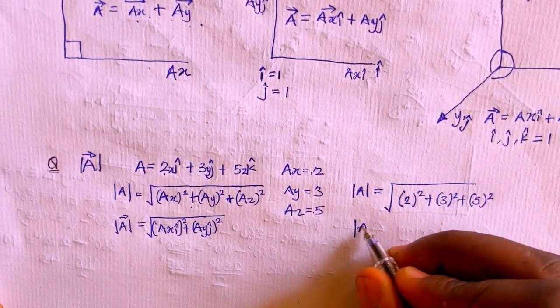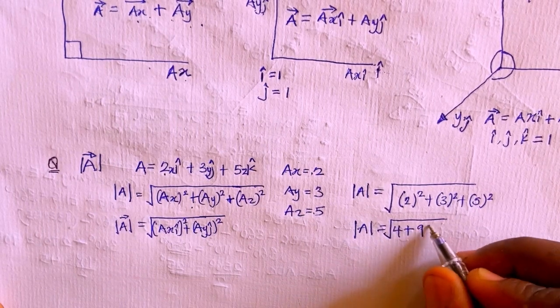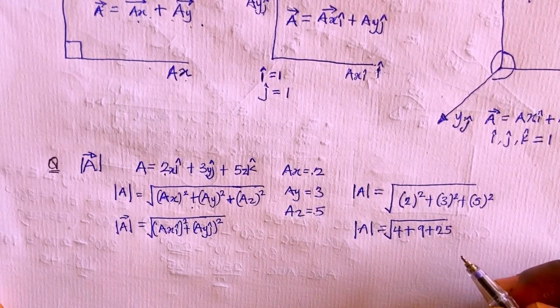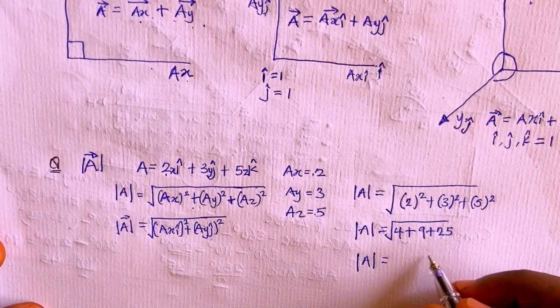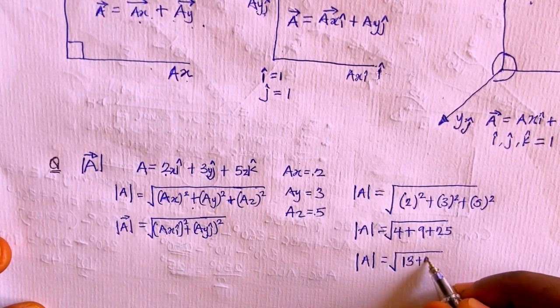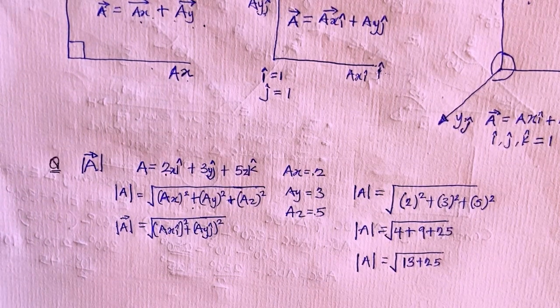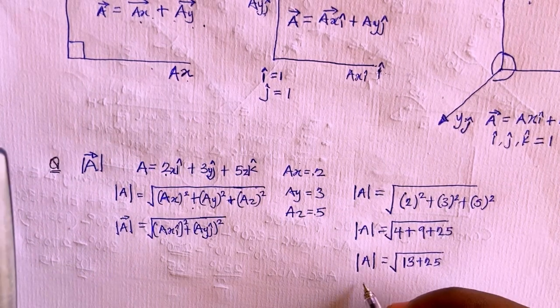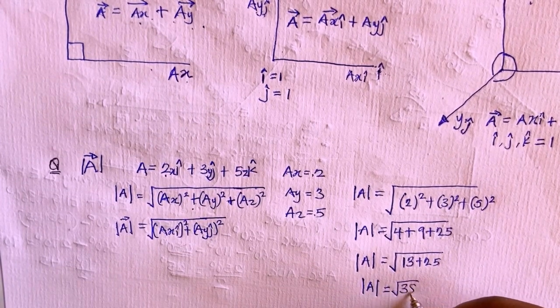Then I'm having the magnitude of vector A equal to the root of 4 plus 9 plus 25, which is the root of 13 plus 25, so the root of 38. The magnitude of vector A in this case is the root of 38.